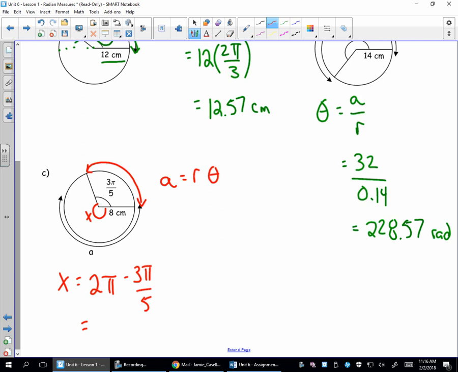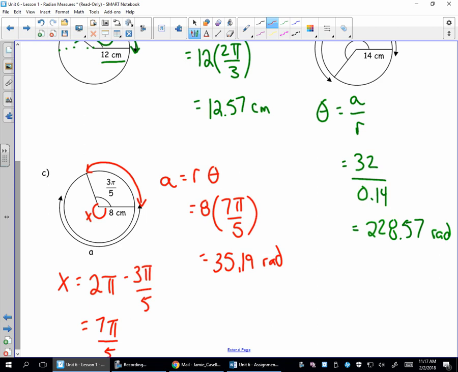What's that? 10 pi over 5 minus 3 pi over 5 is 7 pi over 5. Knowing that and my radius, I could figure out how big that arc length is. And I get 35.19 radians.